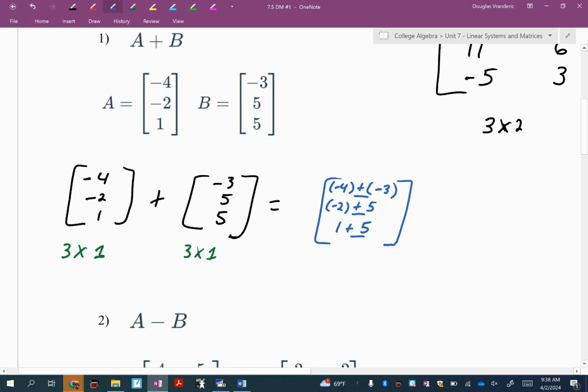So hopefully your brain sees that I'm taking each piece that's in the same spot of those respective matrices and adding them together. So what is -4 plus -3? What is -2 plus 5? And lastly, 1 plus 5 is 6.